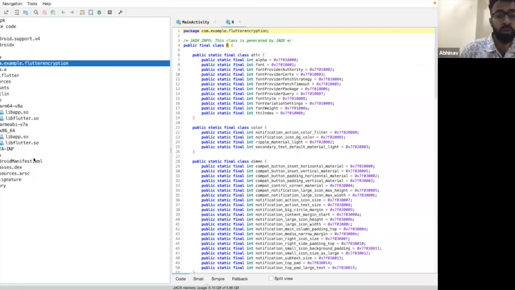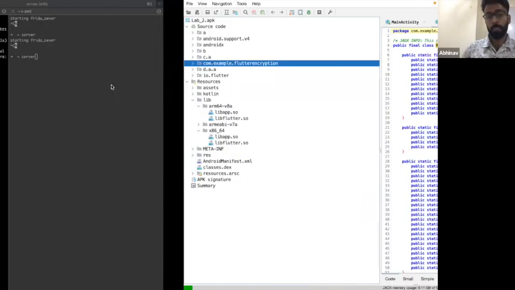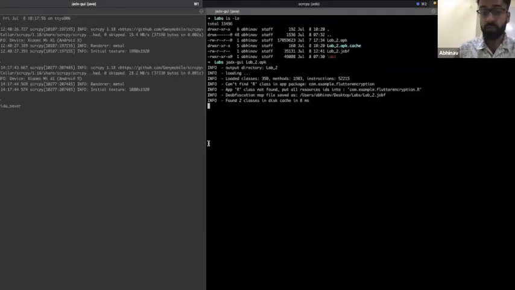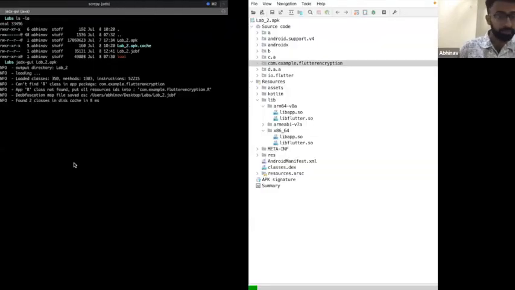So more of the Flutter framework is in the libflutter.so, and the libapp file has the code that we have written. So I'm going to see if I can do something with the libapp file.